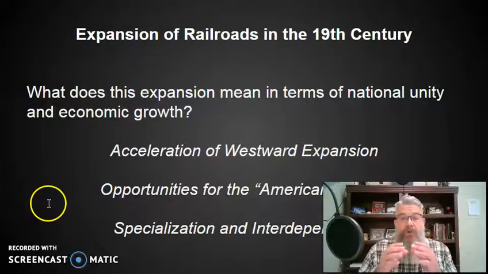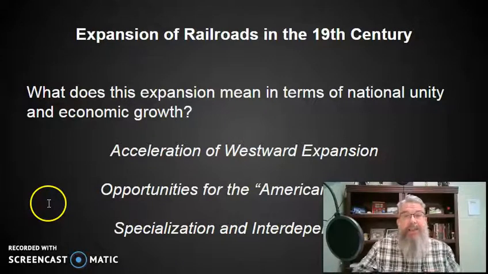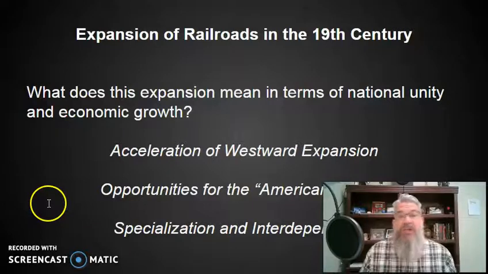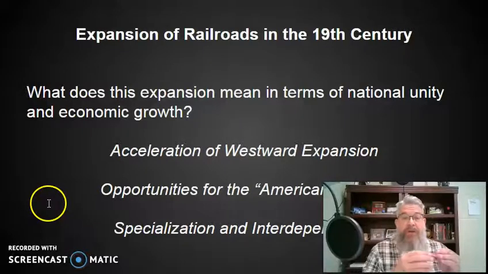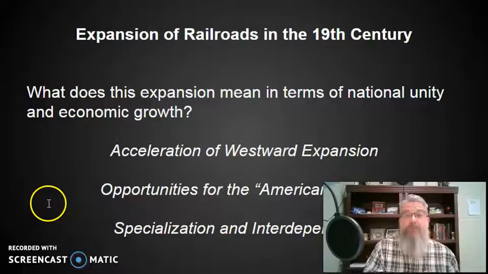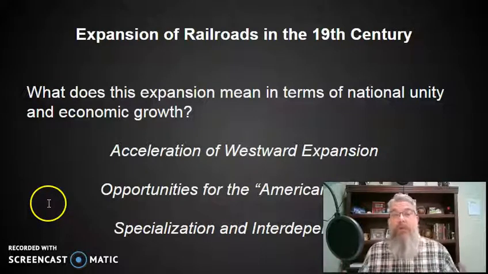No longer will you live in an area where everything you consume is produced within close proximity to where you live, right? And that's how Americans had lived for generations before. Now certain parts of the country can specialize in certain areas of production and put those goods on railroads and send them off to other areas of the country, and in those trains they'll bring back the goods from other parts of the country.